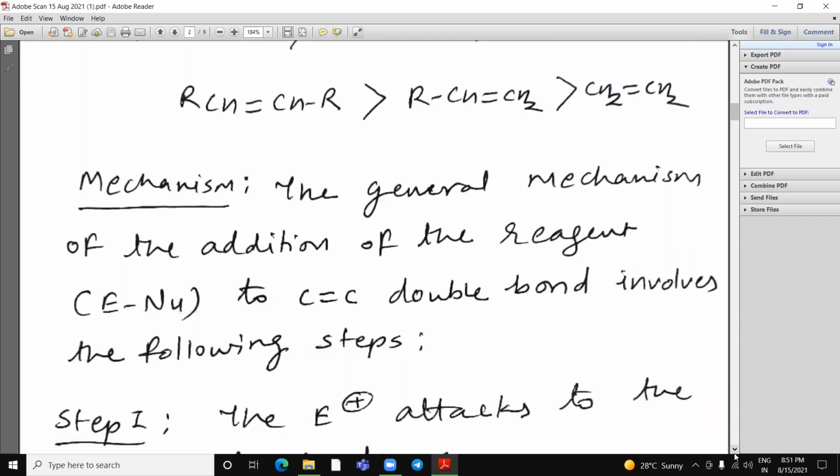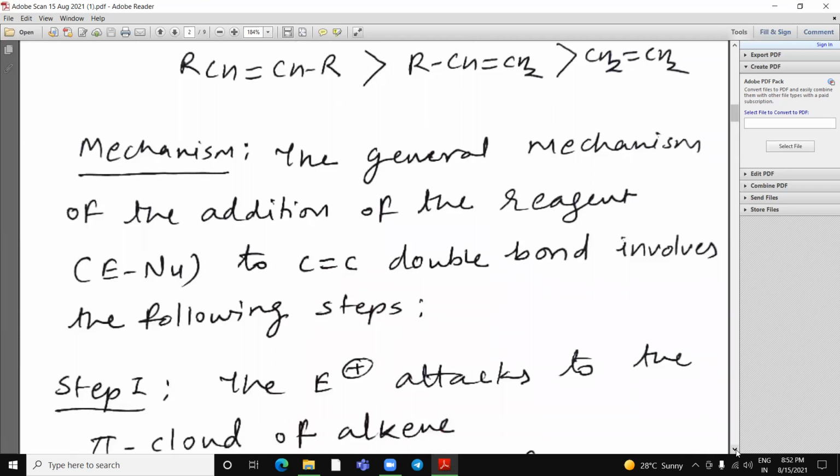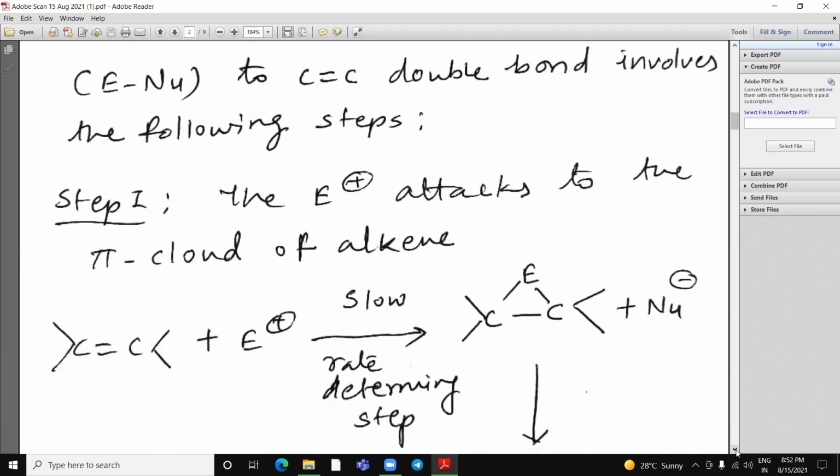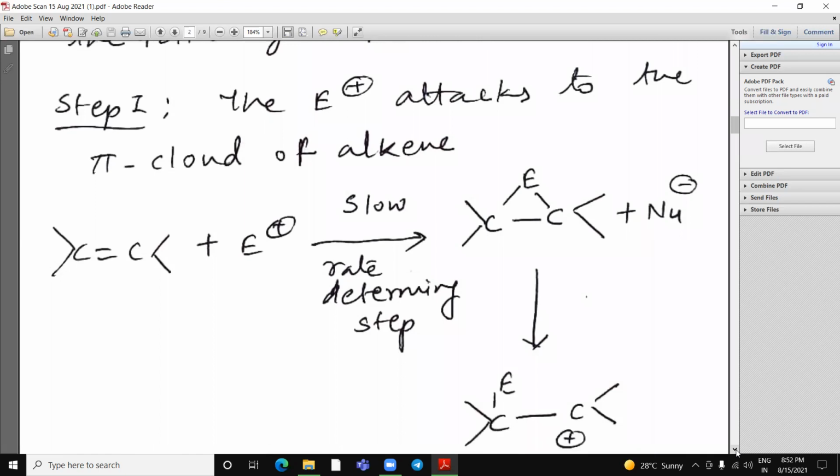The general mechanism of the addition of the reagent, where electrophile and nucleophile are parts of the reagent, to the carbon-carbon double bond involves the following steps. In first step, electrophile attacks the pi cloud of the alkene.